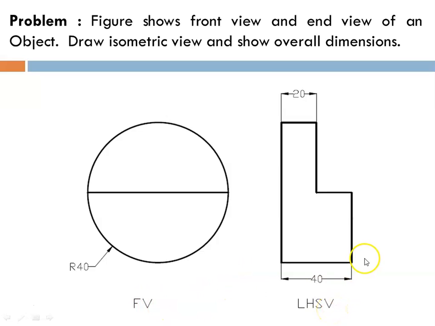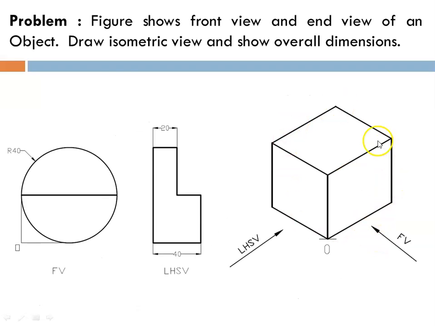So let's start with positioning the view in the isometric box. This is the structure of an isometric box, and this is the origin. Considering the position of this box, in the question they have mentioned left hand side view. It means that you can see the left side of the object, or in other words, the left side of the isometric box.